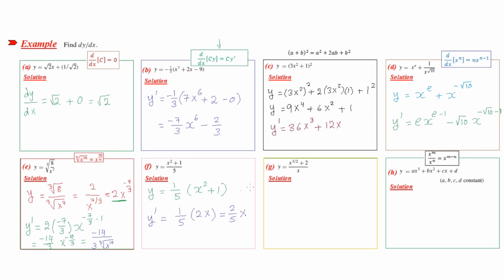In part G, you have to divide each term by x to simplify firstly. So we can write it as x to the power 3 over 2 divided by x plus 2 divided by x. And as you know, when we divide, you have to subtract the exponents. So we have x to the power 3 over 2 divided by x to the power 1.